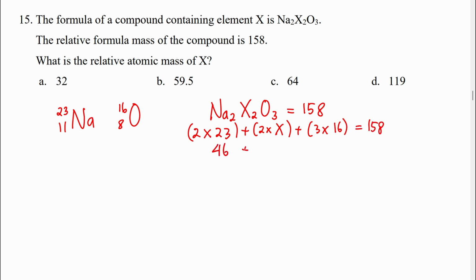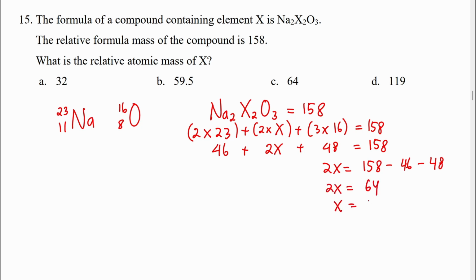So 46 plus 2X is 2X plus 48 equals to 158. So 2X equals to 158 minus 46 minus 48. So 2X equals to 64. Then X equals to 64 divided by 2, X equals to 32. So the correct answer here is A.